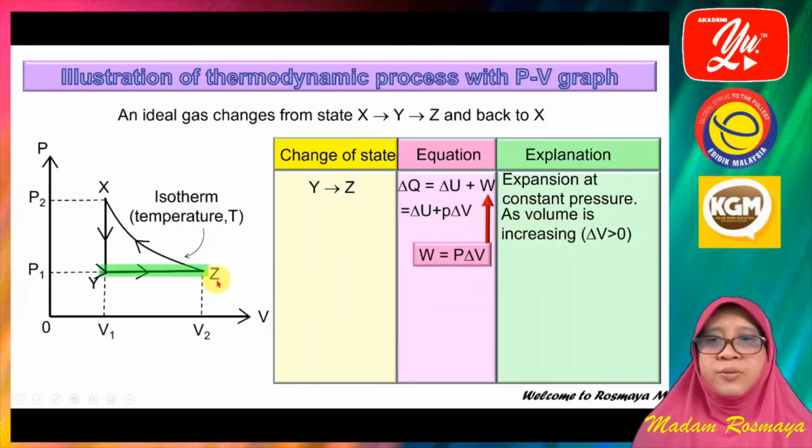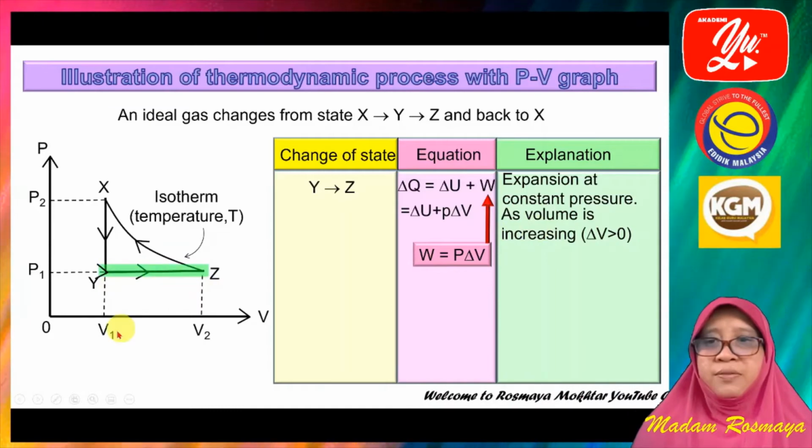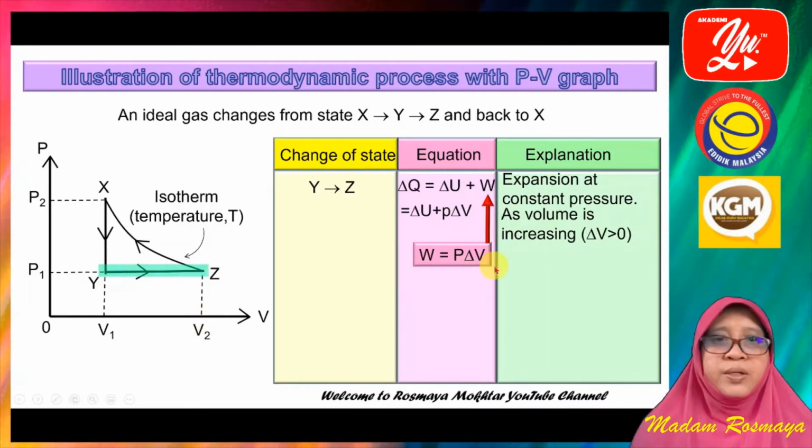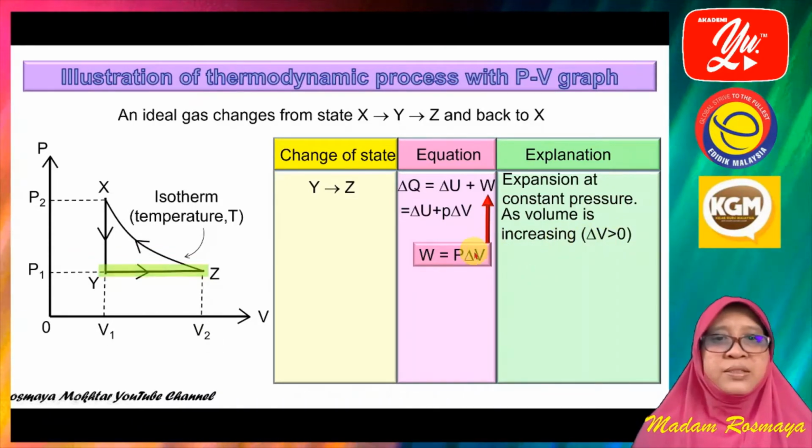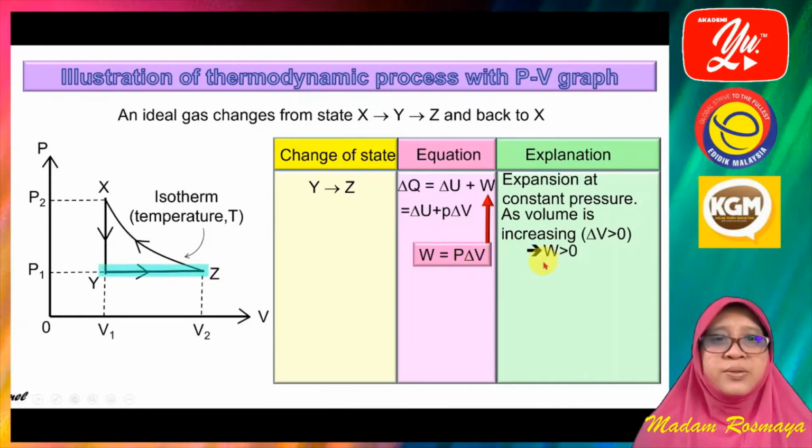The volume is increasing from V1 to V2, so delta V is larger than 0 because it is increasing. If delta V is larger than 0, the work is also larger than 0, from this relationship.